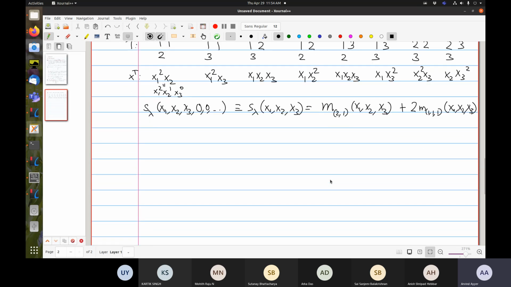This is no accident, and that's the point of the next theorem. This theorem I will prove. It's not hard. S lambda belongs to the ring of symmetric functions, and in particular S lambda of x1 to xn is symmetric.